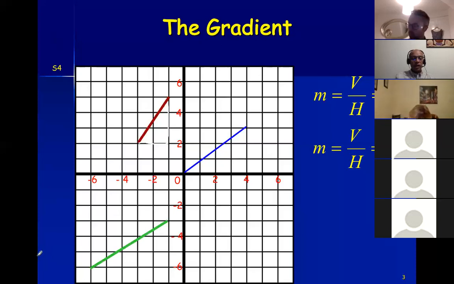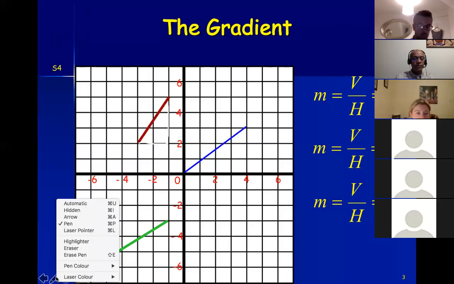So let's have a look at another one. So far, we've looked at these 2 lines. So there's the green line here. Again, you write vertical divided by horizontal. So a vertical climb of, remember to put your triangle there. I'm going to change that color.